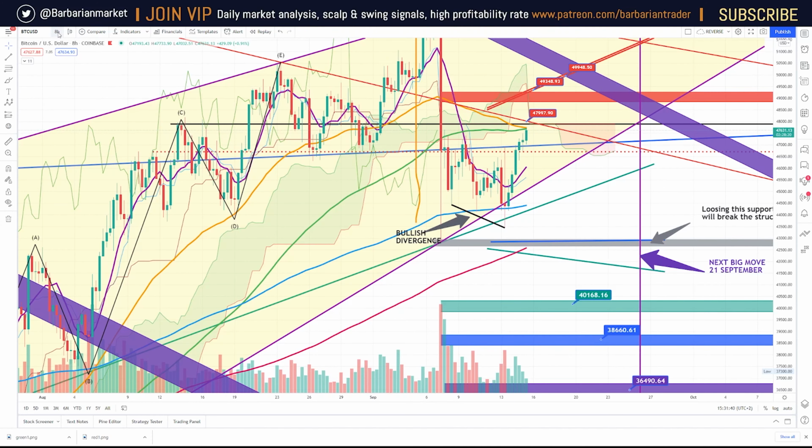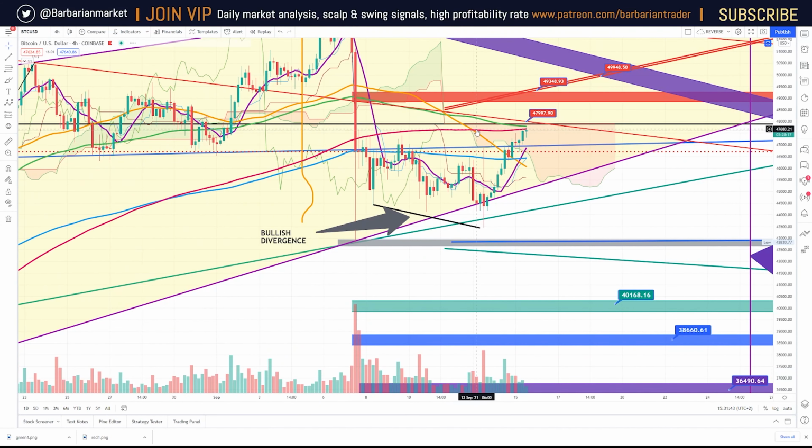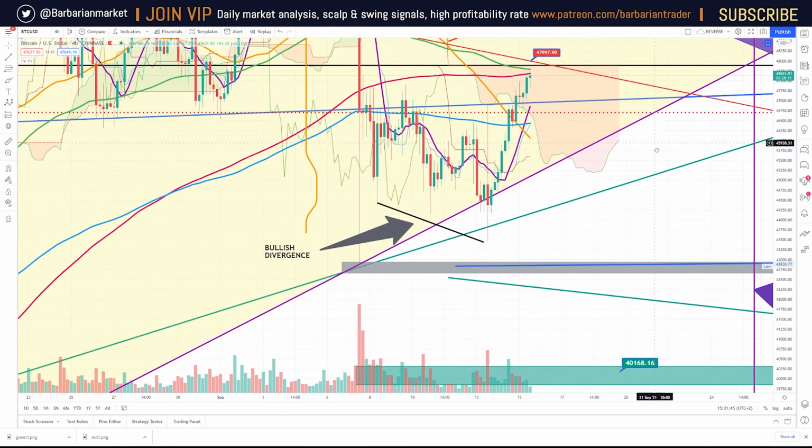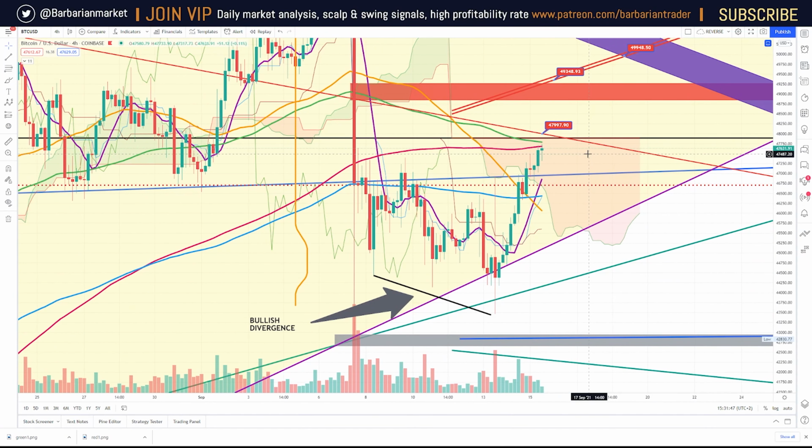Also, if we switch to 4 hour, we'll see that we are in a pretty big and deep Ichimoku cloud, which is in confluence with this red diagonal resistance. So usually, even if we have some spikes up, let's say that they will break this, we might come back to test, because first we might come back and test this 900 moving average.